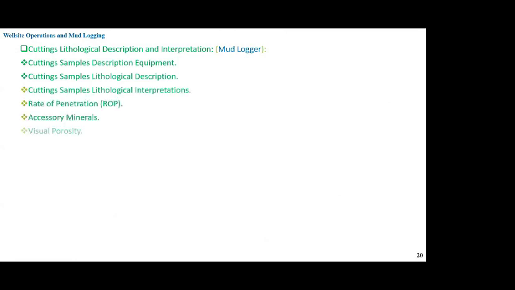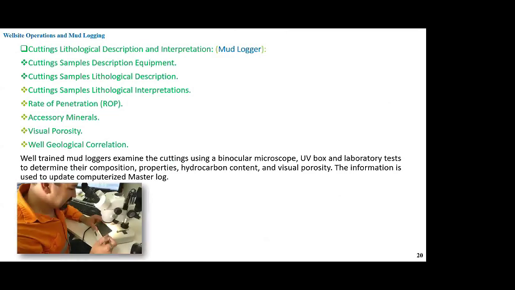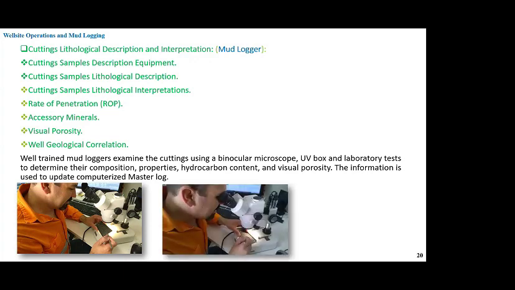This is a part of the formation evaluation process. Usually this part is conducted by the mud logger. They use a binocular microscope and fluoroscope to test, for example, lithology and hydrocarbon content. For example, at first he gives the percentage of each component, for example, the percentage of sand, silt, and clay in the sample.